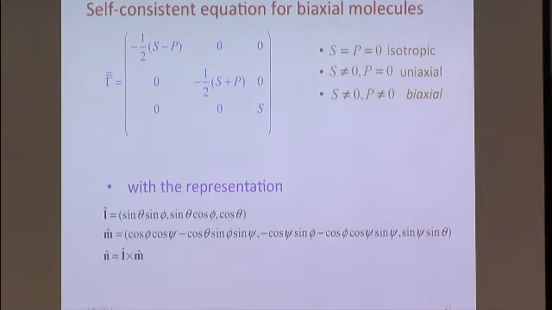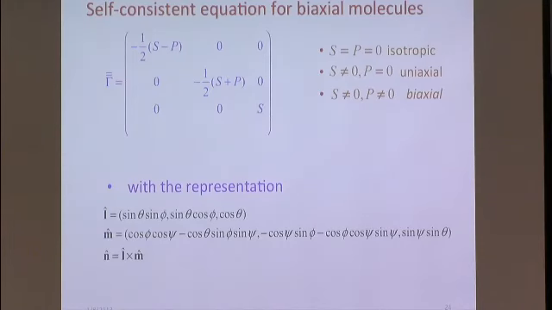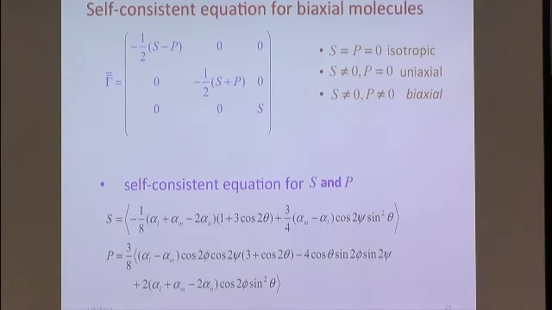We solve that by using this representation of the three orthonormal axes. After that, instead of the 5 equations, we only need to solve these 2 equations for these 2 order parameters, s and p.